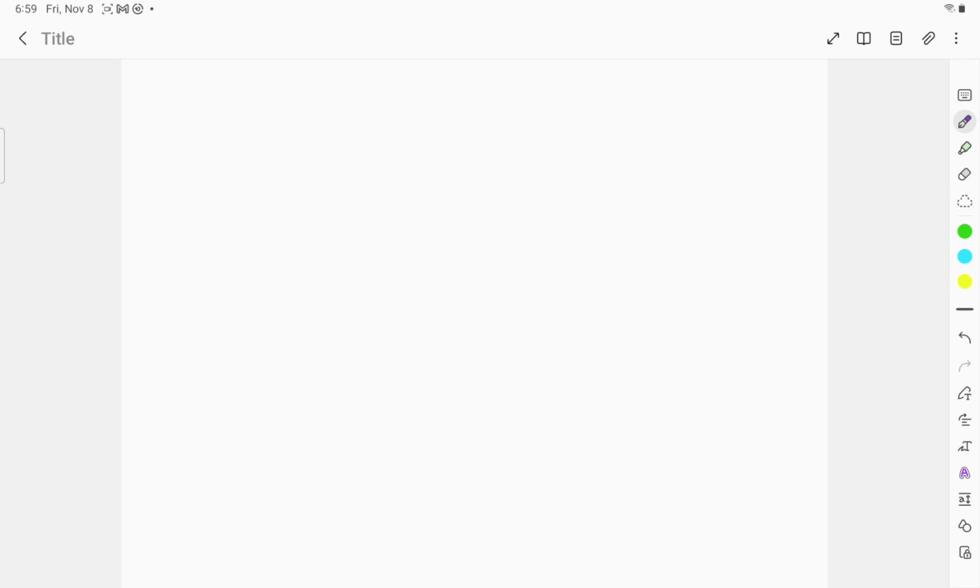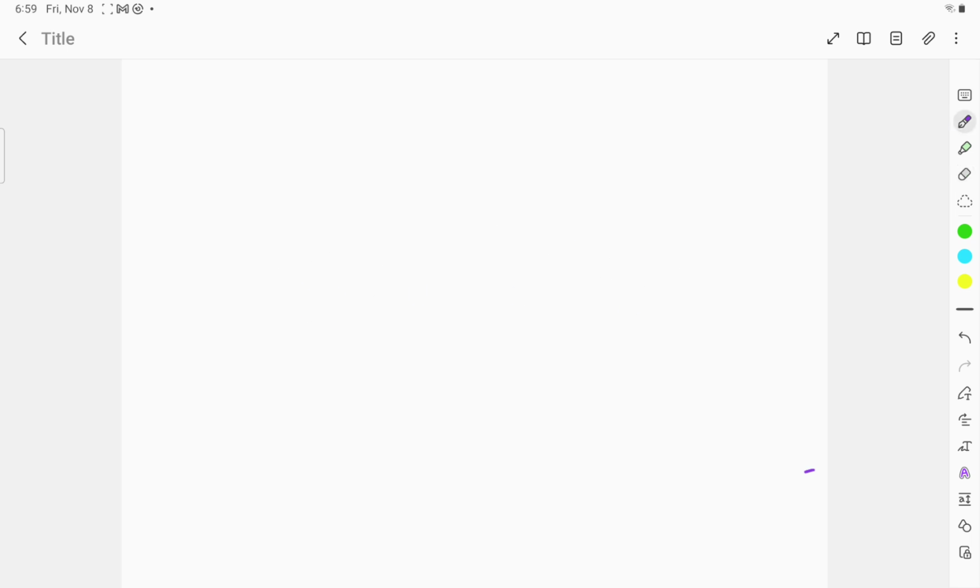The first one says 3 to 11, which is going to equal 3 over 11. It does say to reduce to lowest terms.